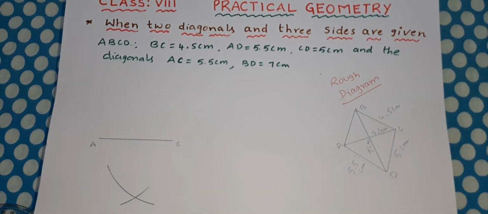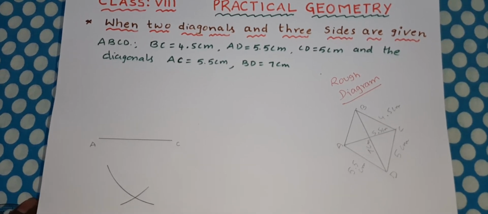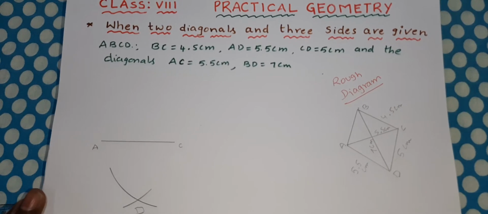So now that is the point D here. This is the vertex D. Right, children? This is D. Now join AD and CD.